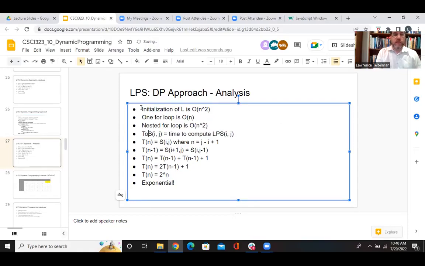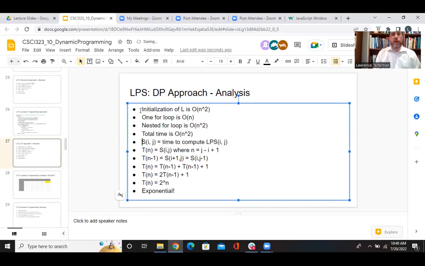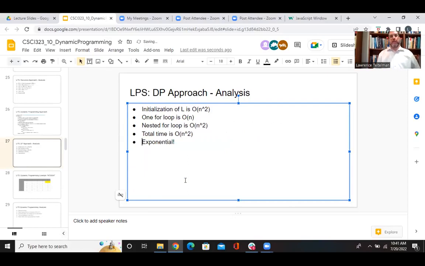Total time is O of n squared. And what do we call that? You don't call that exponential. What do we call that? Two different names we could call that. Polynomial, square. That's right. So we call it polynomial slash quadratic.